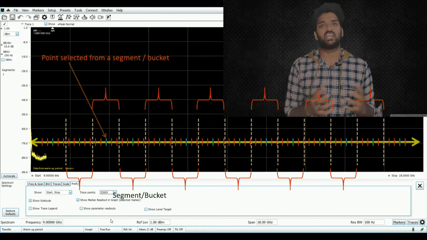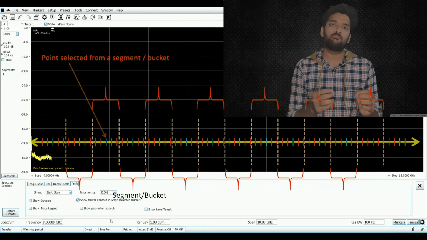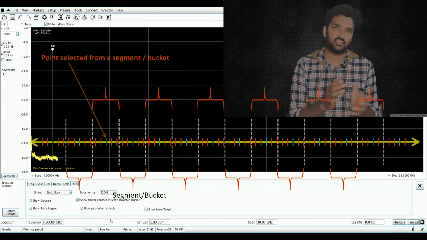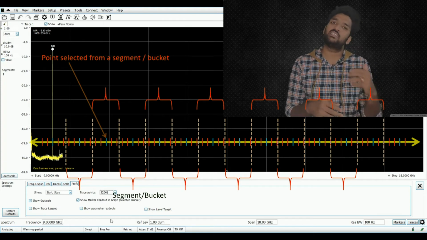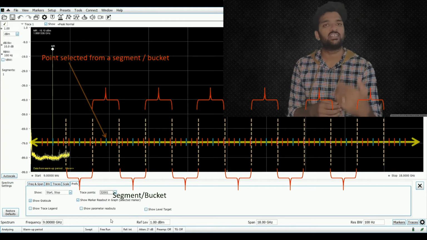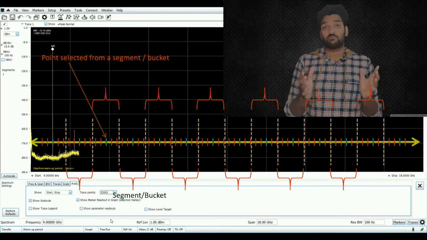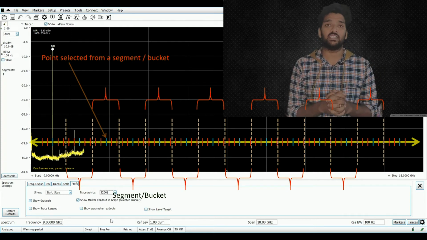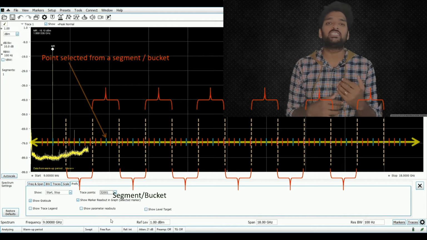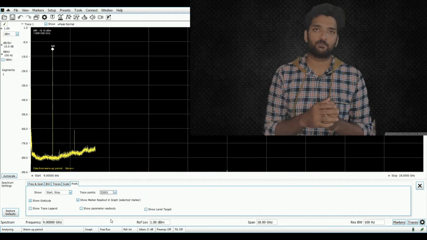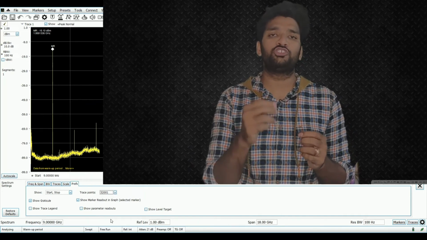But again the question comes: what sample should be taken from the segment? Is it the center sample, the starting sample, or the ending sample? The answer is, it depends on what detector you selected. Detector means what you detect from the segment.